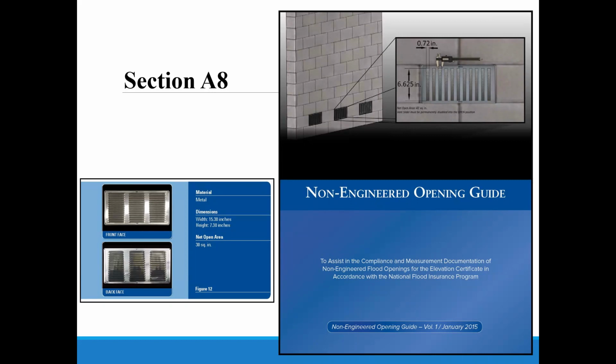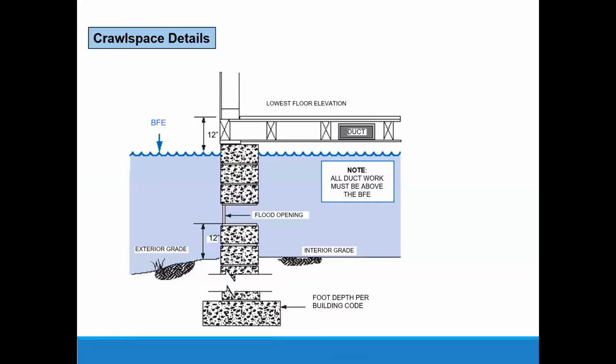But so this goes over the different types of non-engineered openings, like I talked about, like just the regular vent coverings that you can buy at the hardware store that are not engineered or certified, but it helps to tell you exactly how much net opening is still left over after they use a particular type of covering. So this can help you figure that out. And it's nice because there's lots of pictures in here. So yeah, you can just search for that online, or I could send it to you.